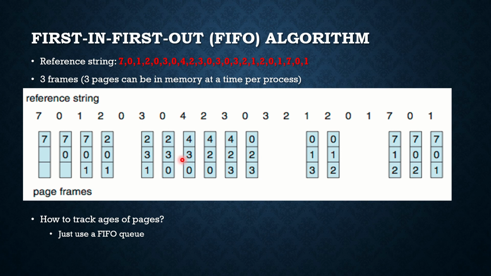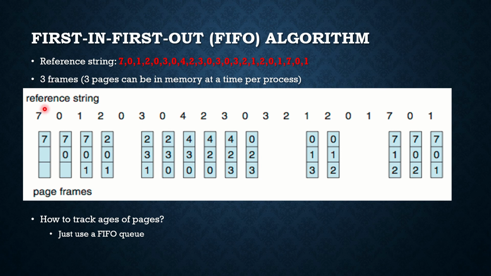Here in this case we are taking a reference string, and this reference string is nothing but pages. These pages are going to come into the memory, like one person coming into your bus.